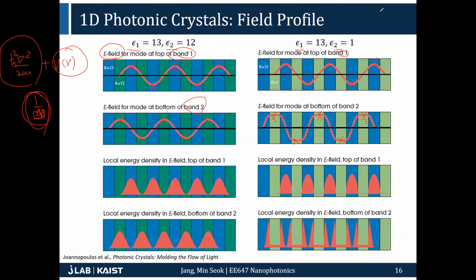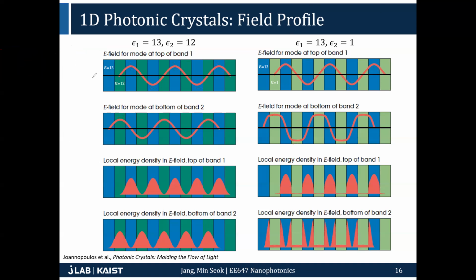So how does this analogy work? Let's say you have atoms here. If you have an atom, your potential profile looks like this, right? Electrons tend to be attracted to the atomic sites. In the electronic system, you have a valence band and conduction band.